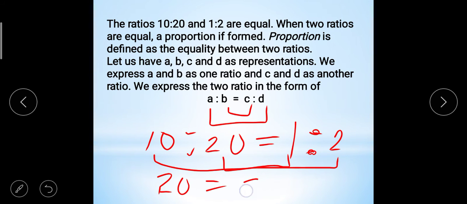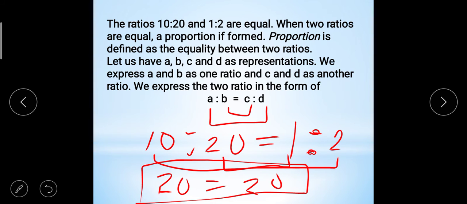So, 10 times 2 is equal to 20. So, since nag-equal yung ating mean or product nung mean and then product nung extreme, that is proportion.